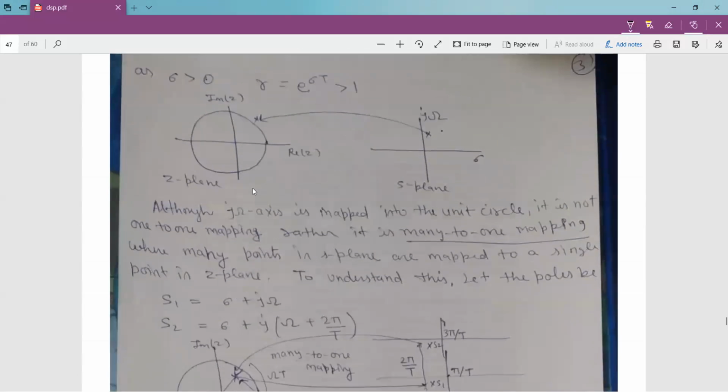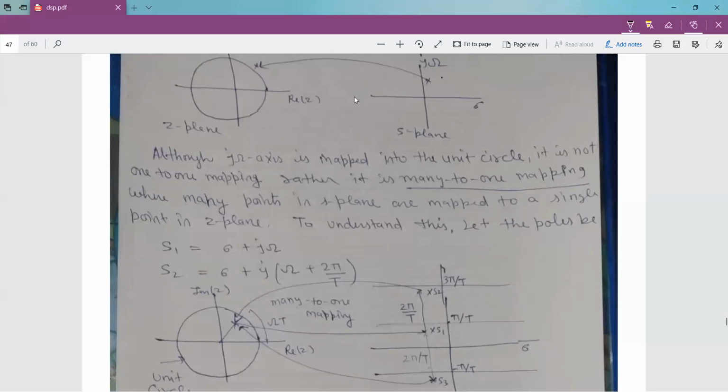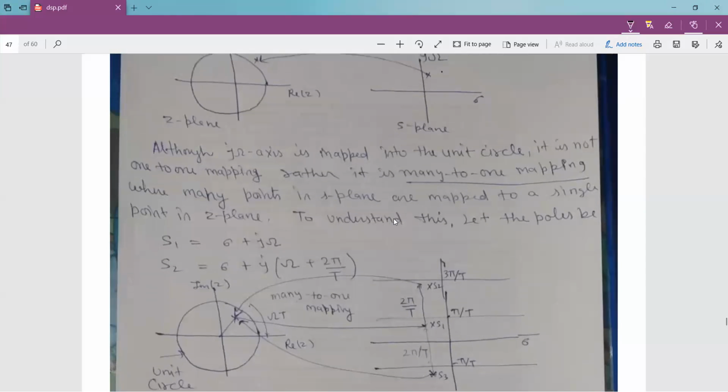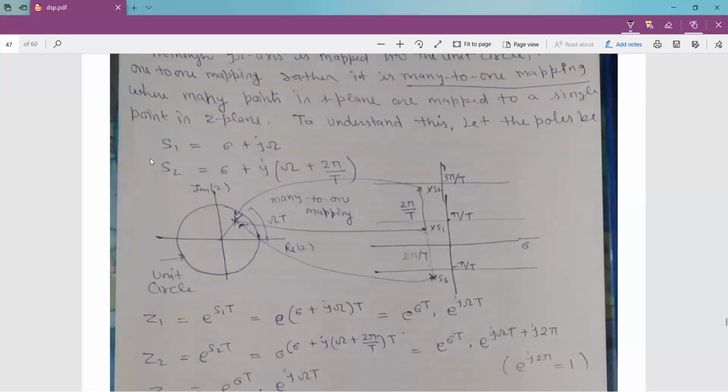So in this case we see the mapping, but there is a disadvantage: the mapping from S plane to Z plane using the impulse invariant method is not one-to-one, it is many-to-one. To illustrate this, I have taken two poles on the S plane.